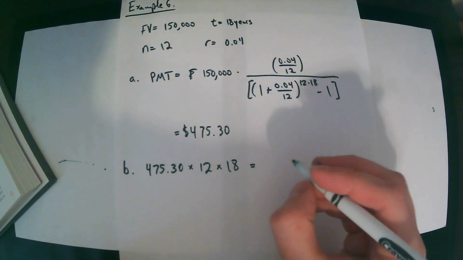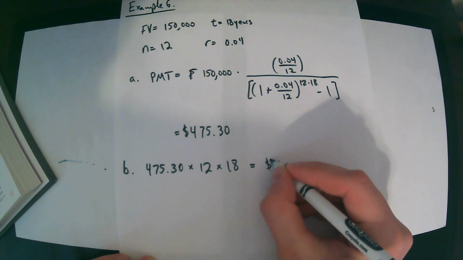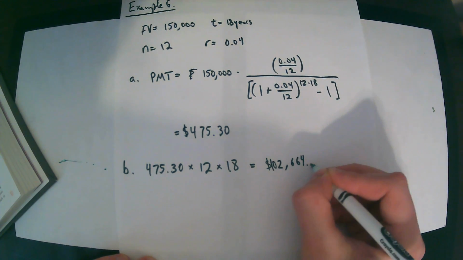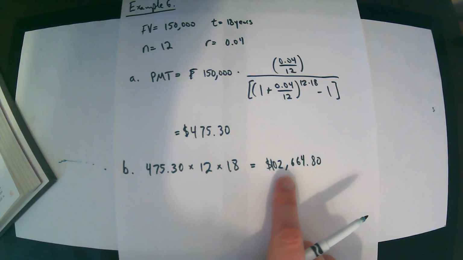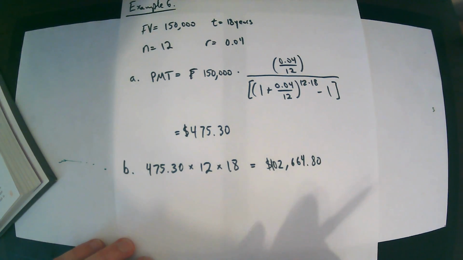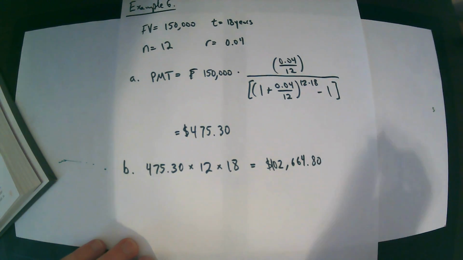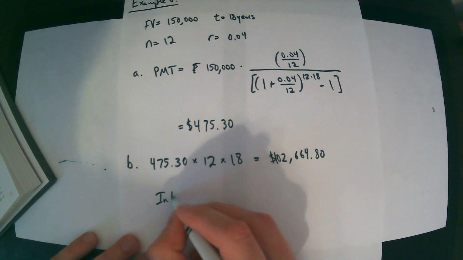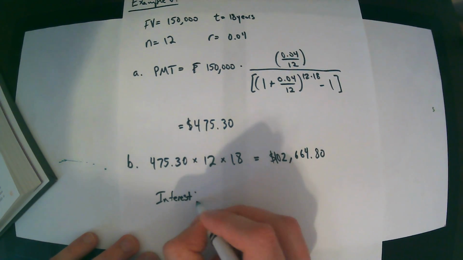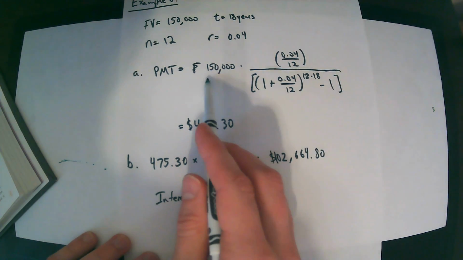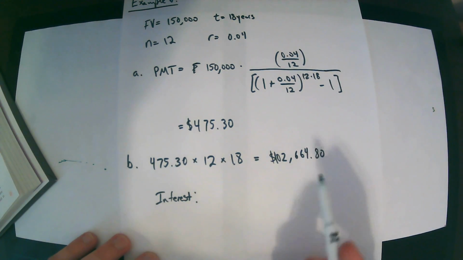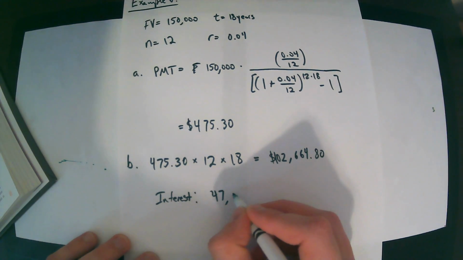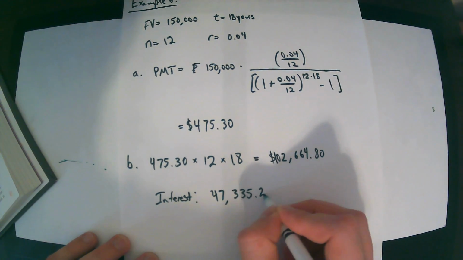she's going to make $102,664.80. So that means the interest then, so that's how much she paid from her own pocket, and the interest then will just be the difference of the future value, 150,000 minus this, which is $47,335.20.